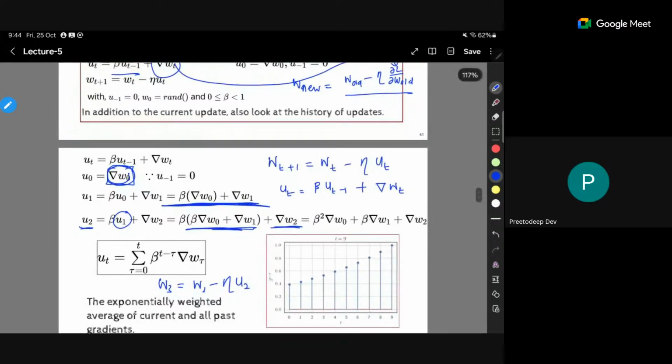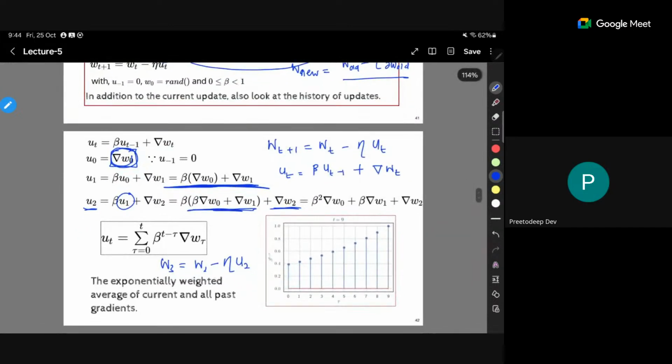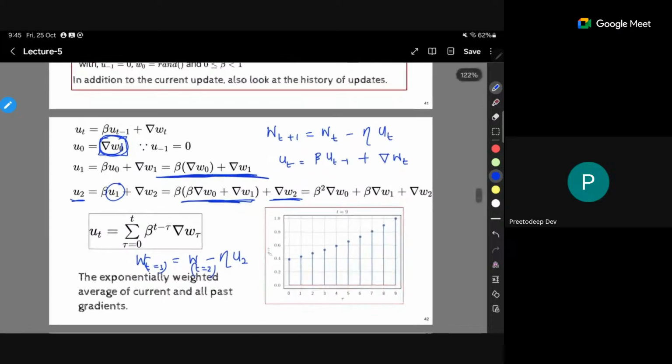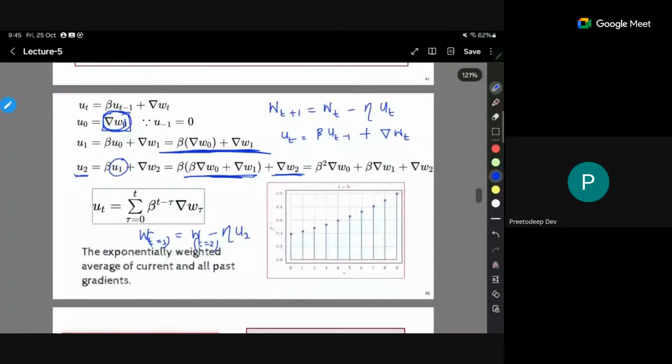That's what I'll do at W3, if I want to figure out W3. So here it's iteration, okay? Not the W3 2 which we use while doing backpropagation. There it was layers and something, but here it's timestamp. So maybe t equal to 3 or iteration, not timestamp but iteration. Okay? So, yeah, like this.